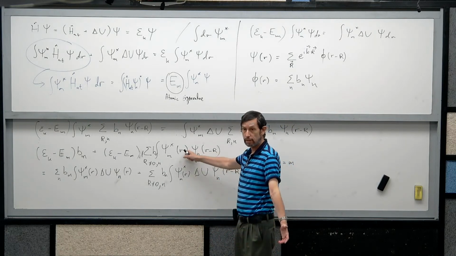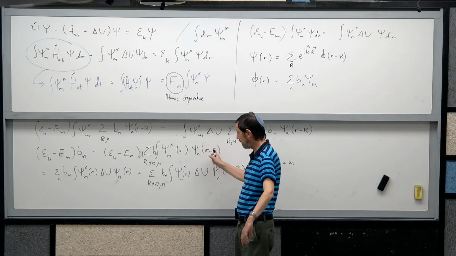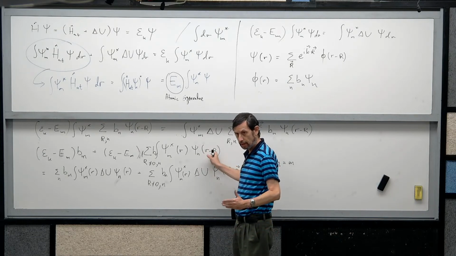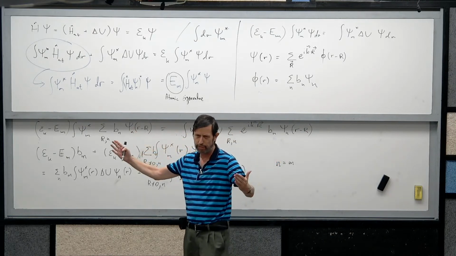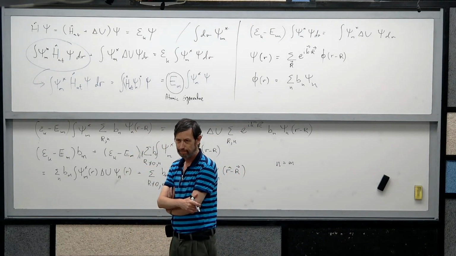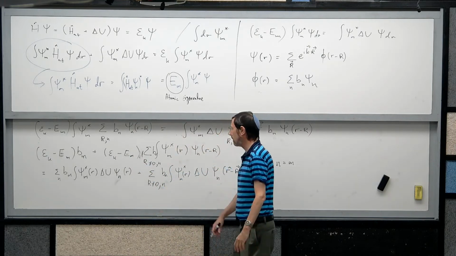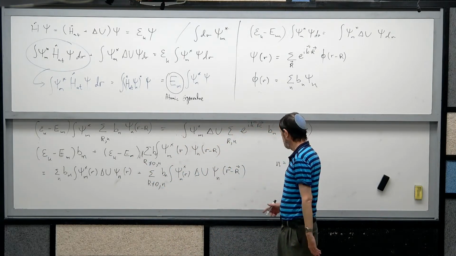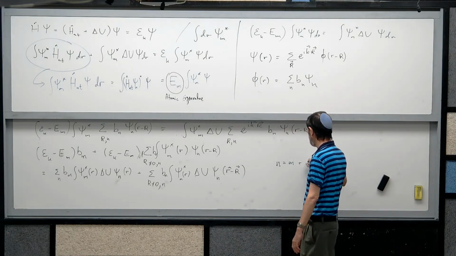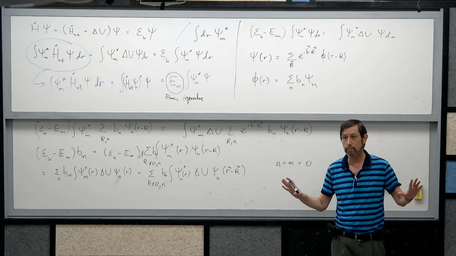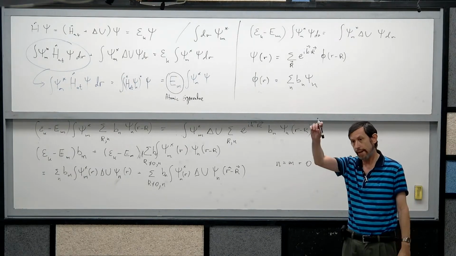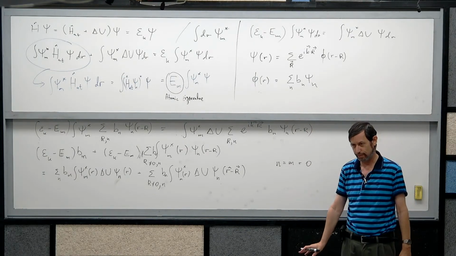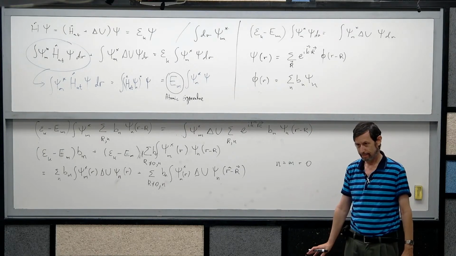Here it's not necessarily 0 because the claim is only that it equals 0 for R equals 0, because then it's just orthogonality. But even if they're removed, it's clearly very small. Okay, so I can choose a specific n, and for simplicity, I'll just call it 0. What's 0? Any atomic level that I choose. Doesn't matter.